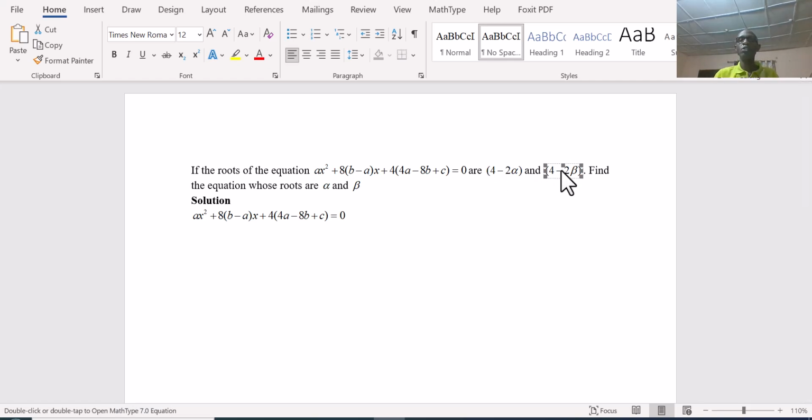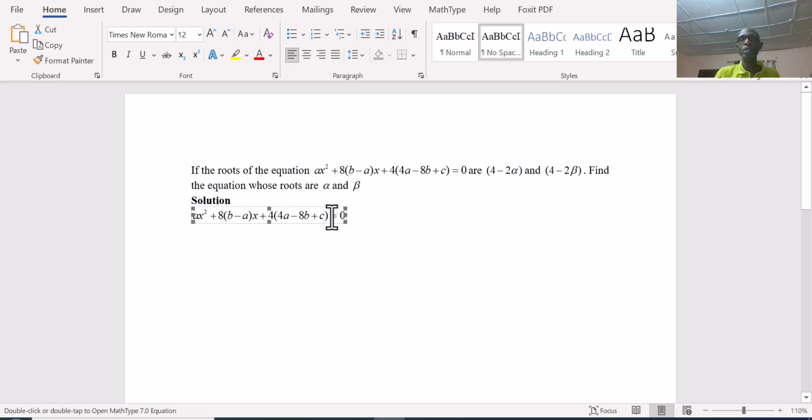So now they are assuming that we don't know the sum of the roots, alpha plus beta, and the product, alpha beta, and we should find that particular equation from which this one was derived. That is what we are asked to do in this question.